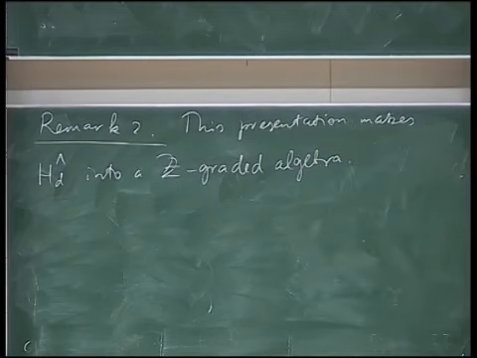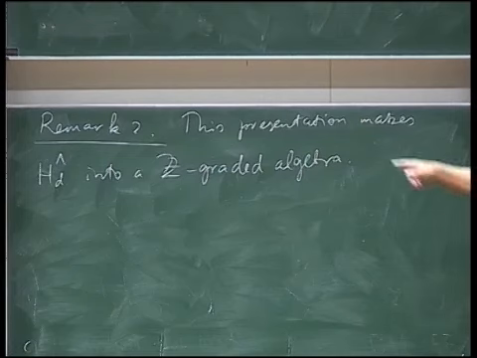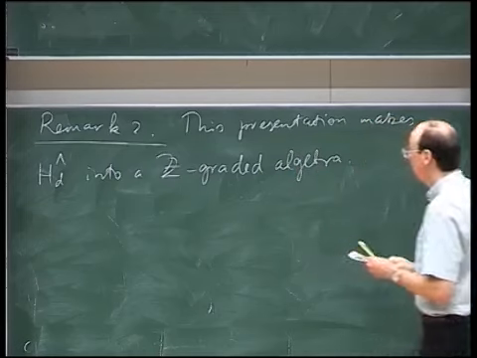This is a kind of Z-grading which is very well hidden, because it's extremely difficult to see what it is in terms of the usual generators. So it's all hidden in this isomorphism. Once you believe in the isomorphism, you can work with this algebra in this presentation.